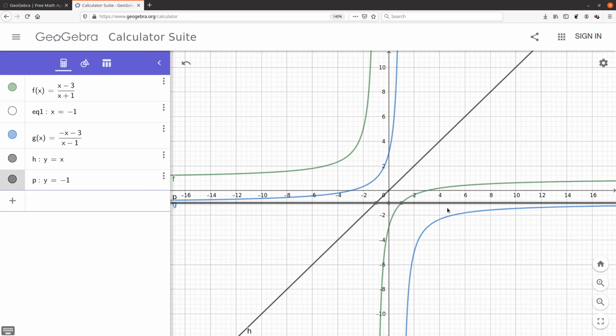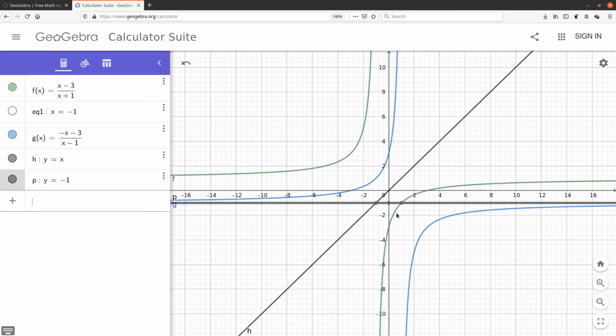So that is the range of the inverse. As we can see that -1 is not in it. Yeah, that's right. The blue is the inverse, and it never produces that. That's sort of a horizontal asymptote for that.